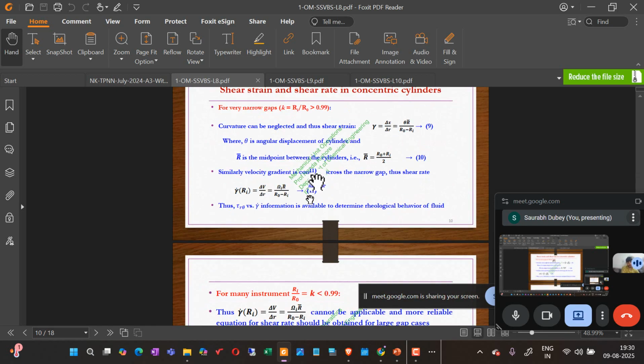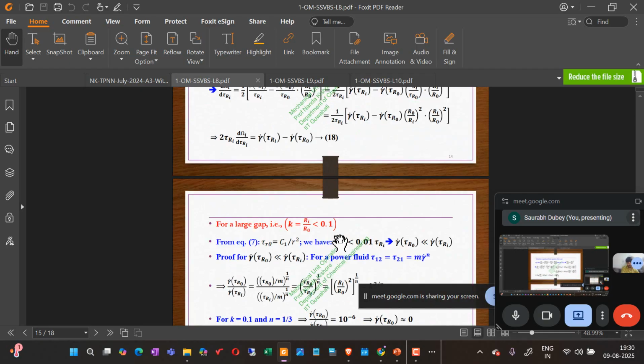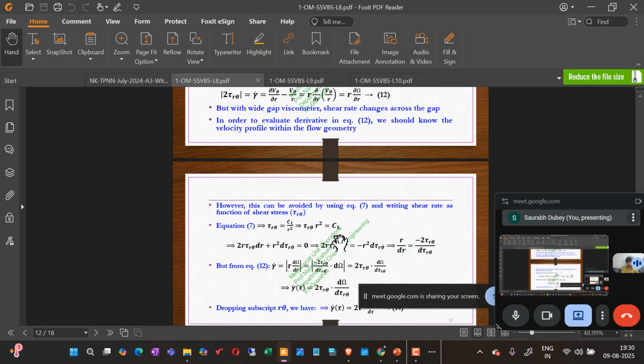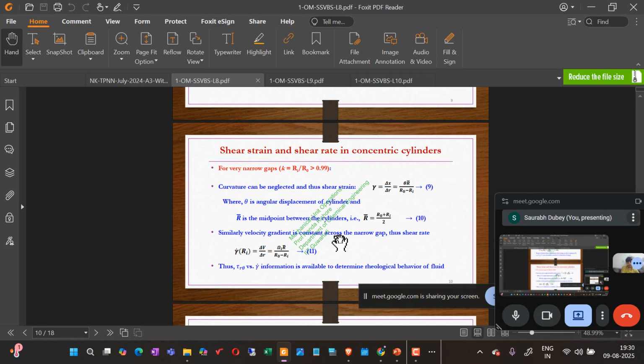So there were many conditions that have been talked about. I think 4 conditions. First was for a very narrow gap, which is k equals ri by r0 greater than 0.99, right? So a very narrow gap means the inner cylinder radius is 0.99 times the outer cylinder radius.